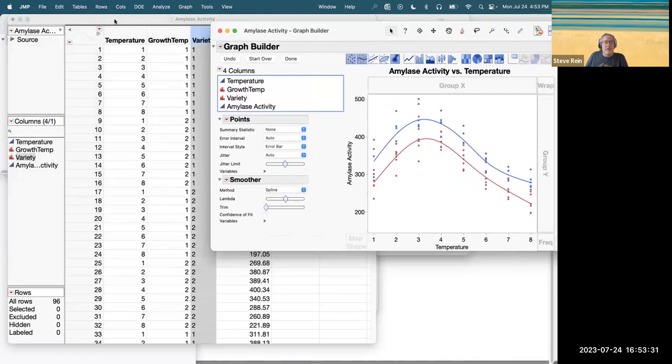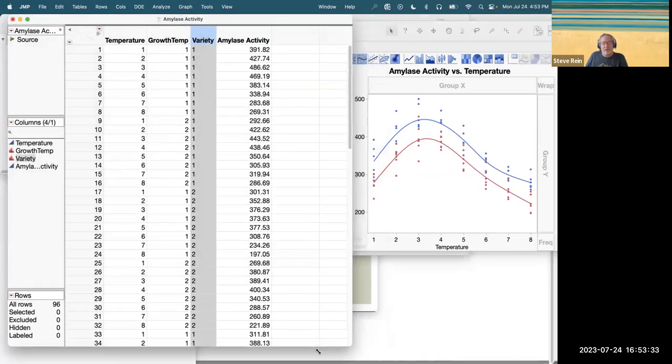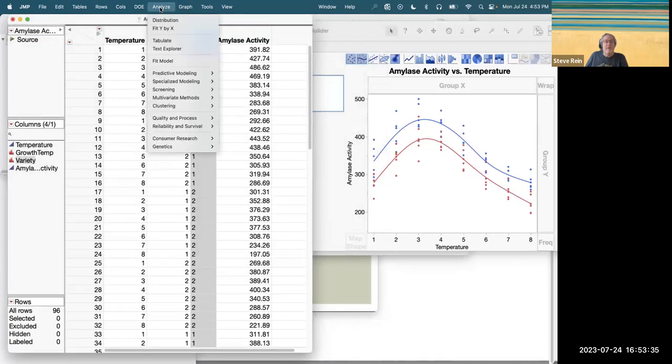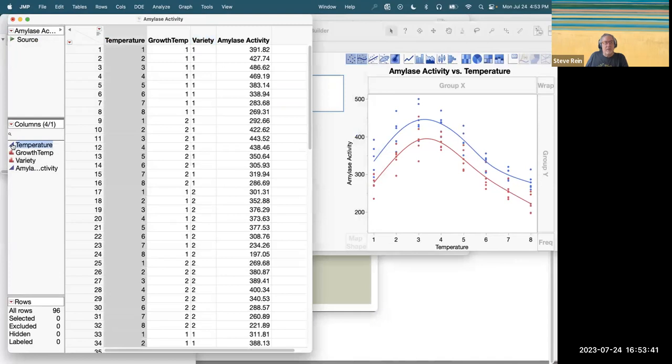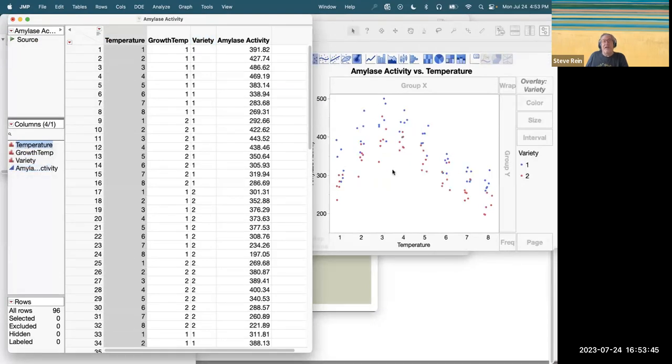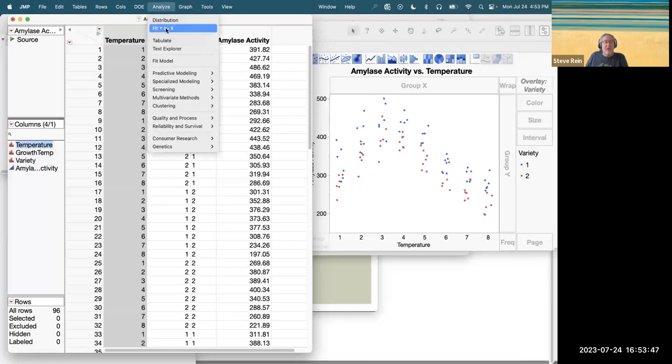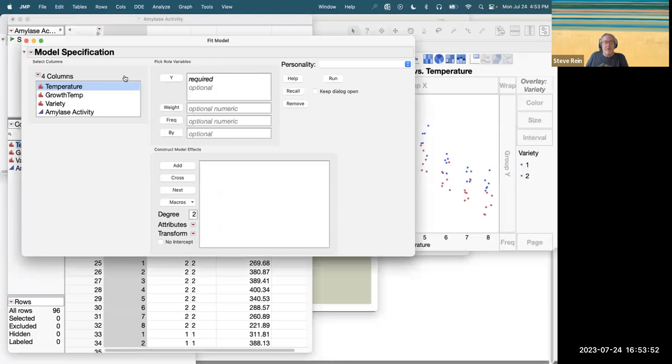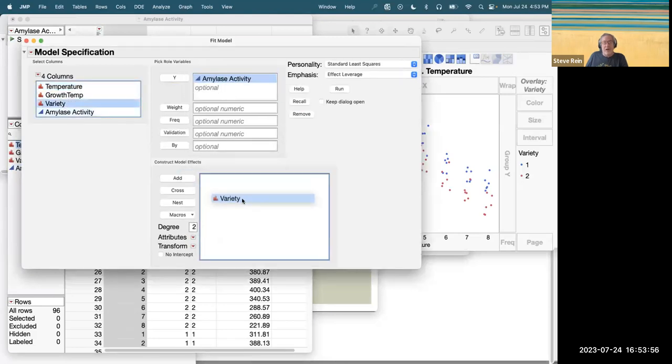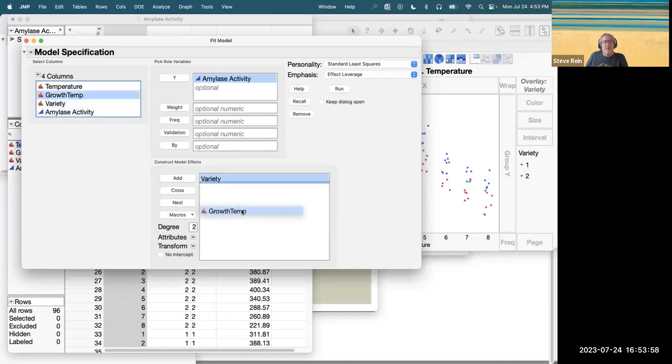So over here is my amylase activity, and let's go ahead and fit that model. Okay, well, just to convince you that it's true yet again, I'm going to take temperature and say it's just a category that you're from. I'm going to do my analysis the way we suggested, that the amylase activity may depend on the variety, blocking variable of the growth temp.